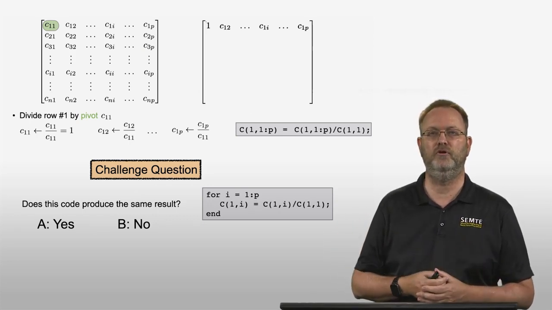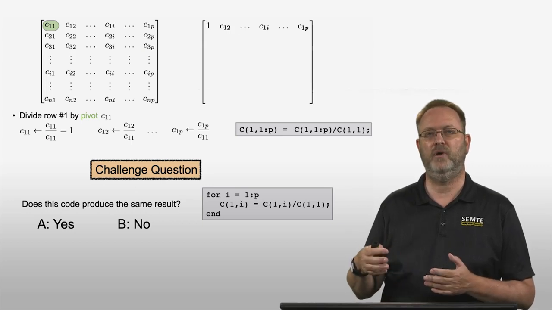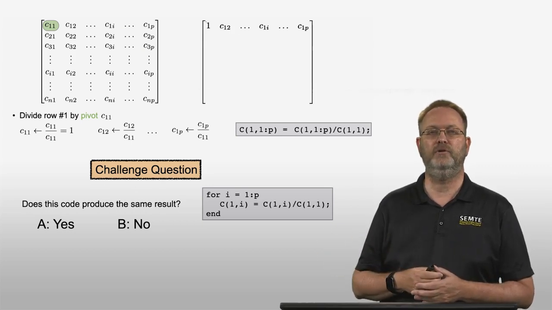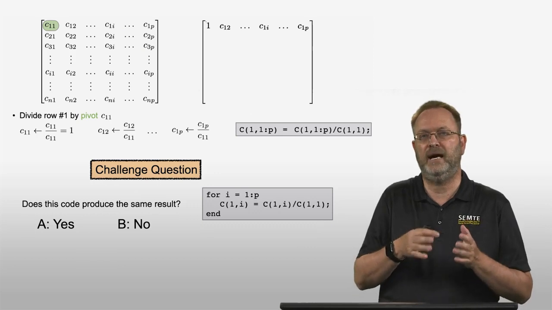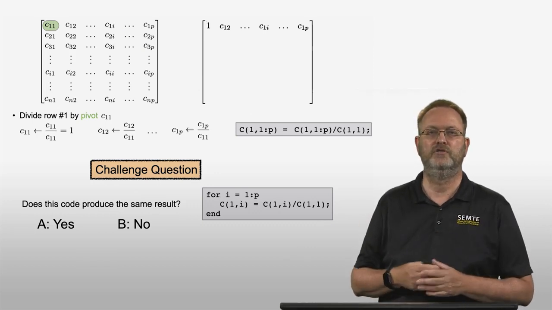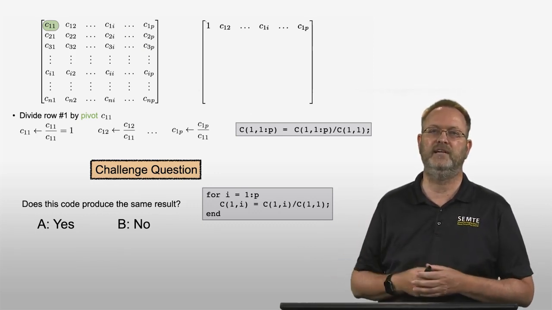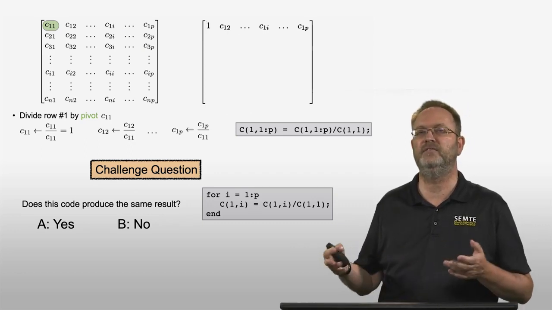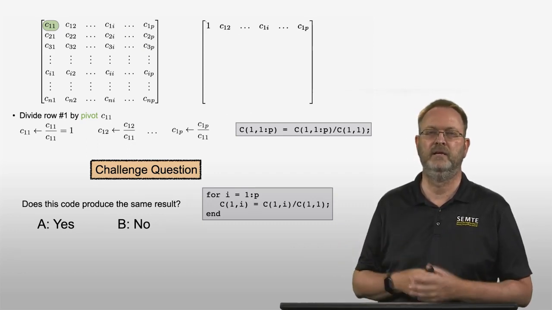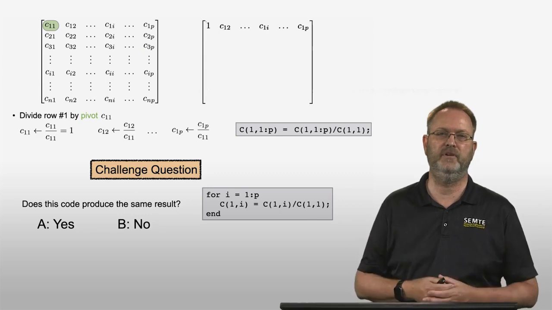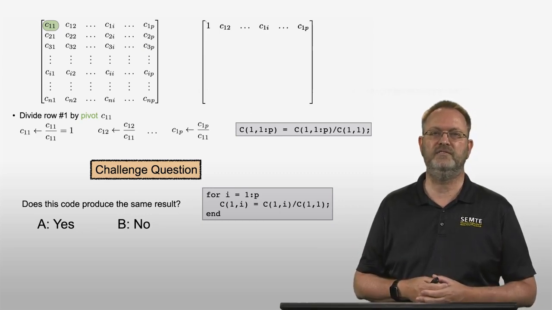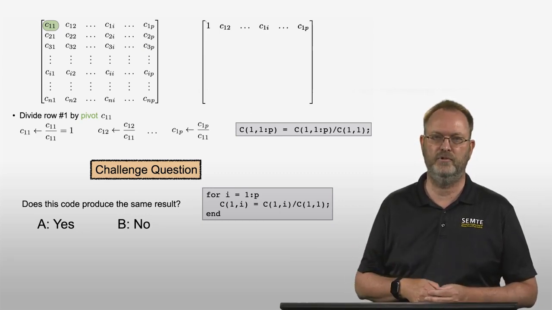I'm going to do a for loop for i from 1 to p, and I'm going to do just one column entry at a time. So C of 1,i is equal to C of 1,i divided by C of 1,1, right? The storage that is in the pivot position. So the question is, does this code produce the same result?